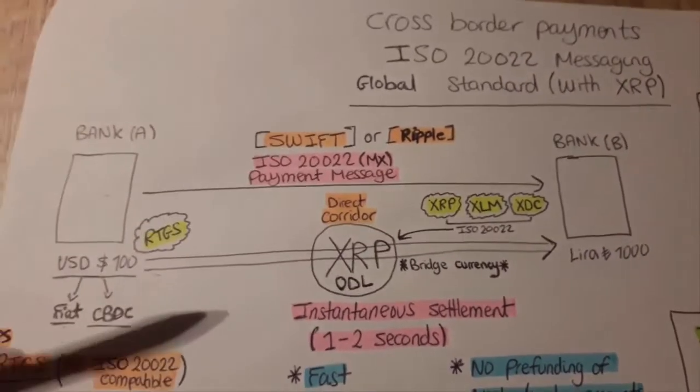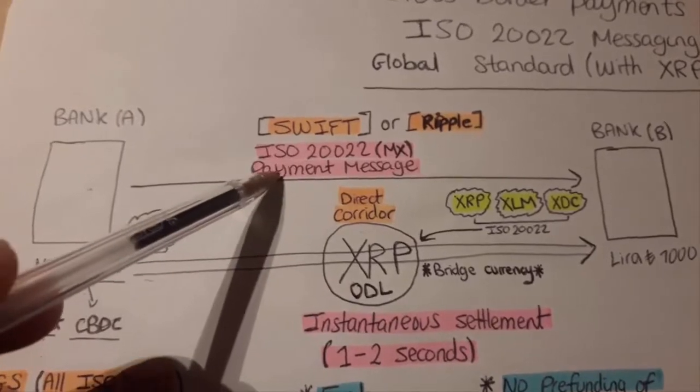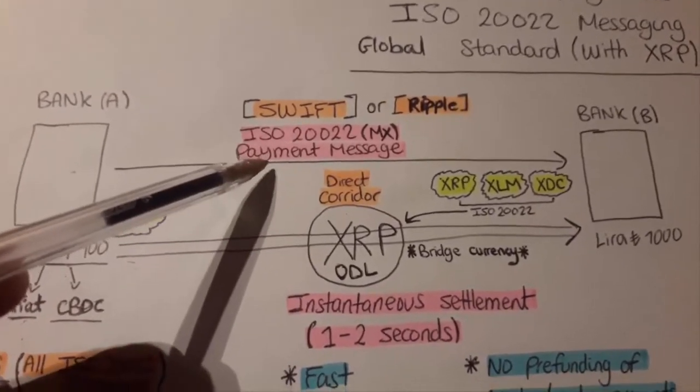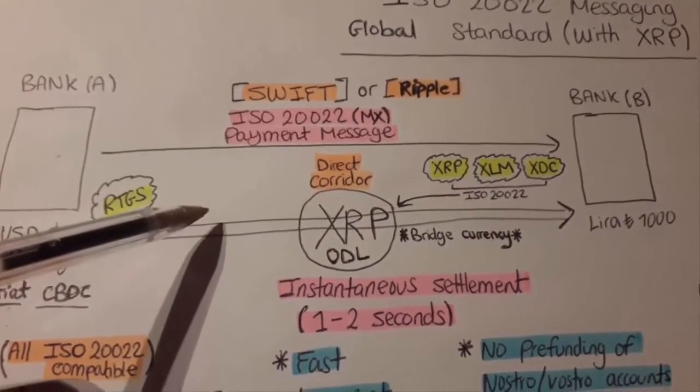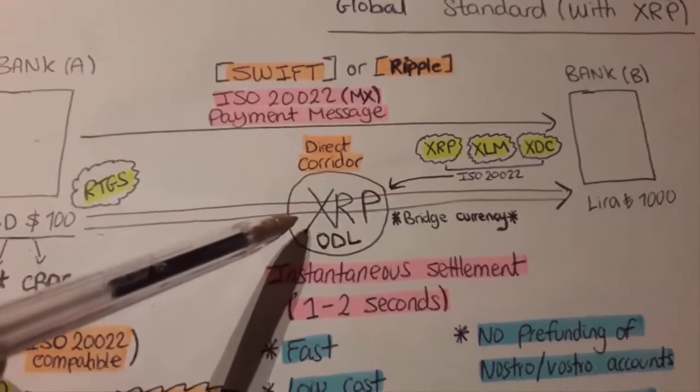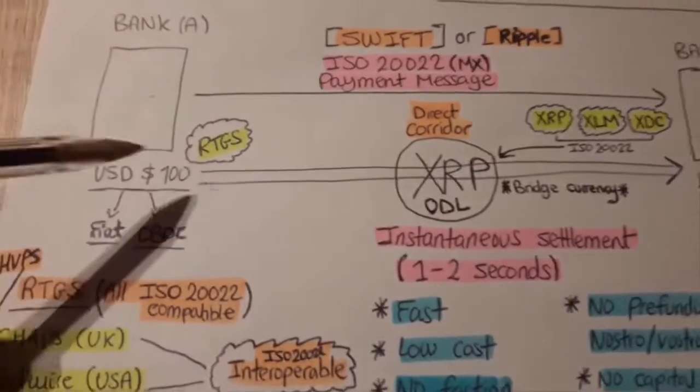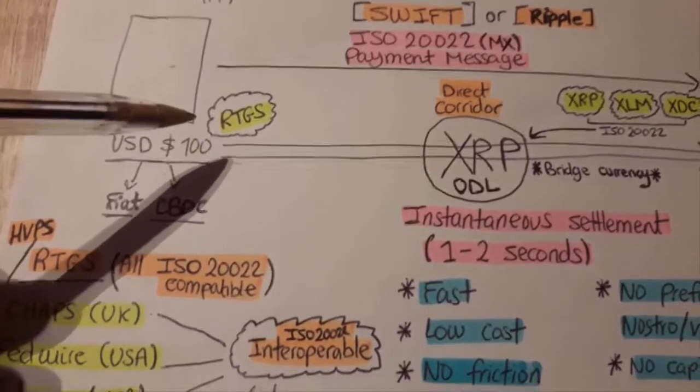So this is why when I talk about ISO 20022 going live, it's a big thing for the utility of XRP with banks and their RTGS system, their real-time gross settlement system.